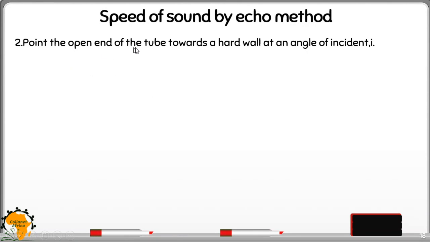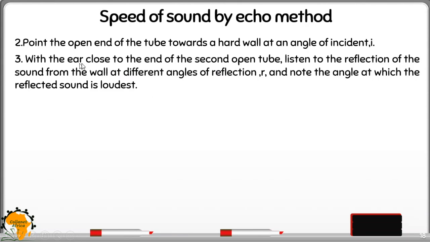Point the open end of the tube towards a hard wall at an angle of incidence i. With the ear close to one end of the second open tube, listen to the reflection of the sound from the wall at different angles of reflection. And again, note the angle at which the reflected sound is loudest.